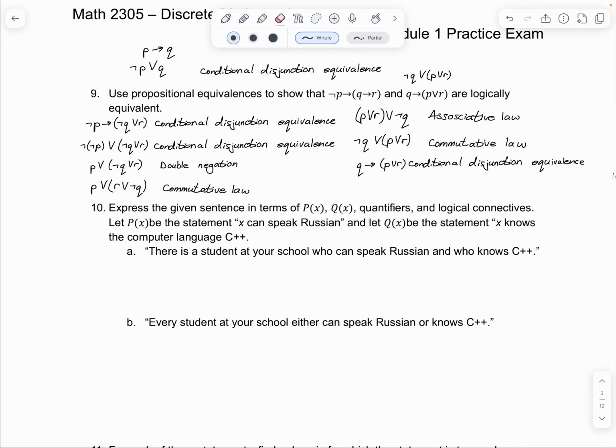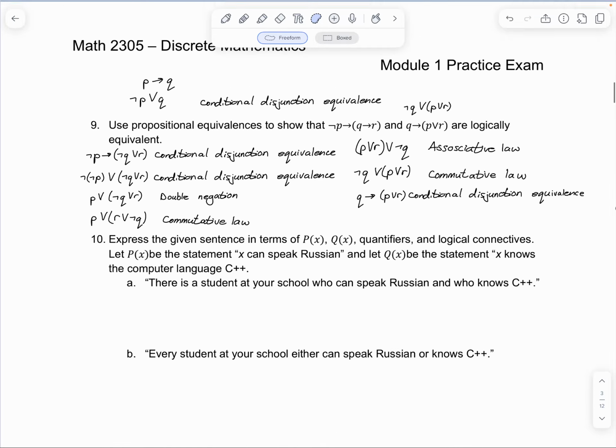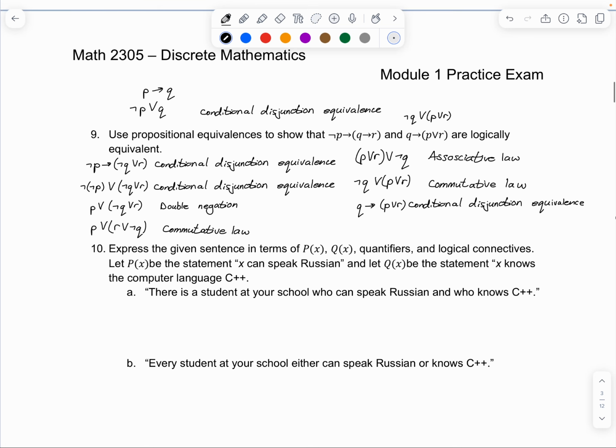Okay, so recap. Three important ones that you should memorize, or at least use often enough that they're very familiar: De Morgan's, conditional disjunction equivalence, and distribution. Beyond that, I think it's intuitive. Things like double negation, not not P is the same as P, should be mentally, hopefully very easy for you.